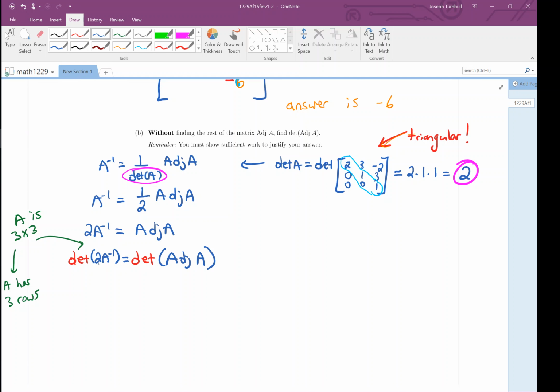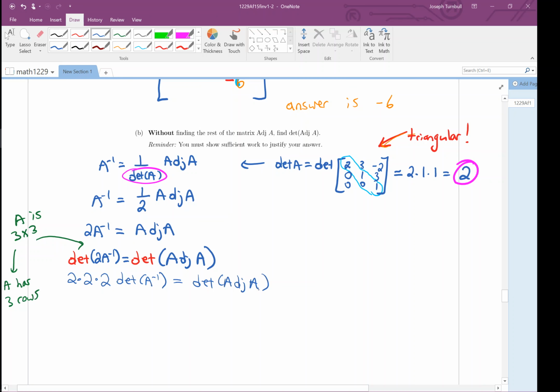So there's a 2 multiplied by row 1, a 2 multiplied by row 2, and a 2 multiplied by row 3. And I'm going to common factor each of those 2's out. So here comes the 2 from row 1. Then here comes the 2 from row 2. And then here comes the 2 from row 3. Now we have the determinant of A inverse left. There's no 2's left. All 3 of them are out. Equals the determinant of the adjoint of A. So the right-hand side is the answer to the question that we're after.